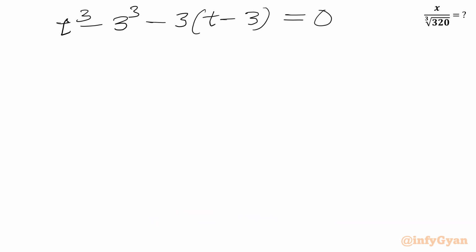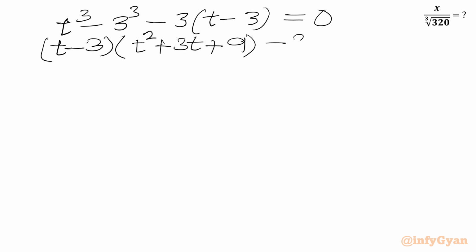So I can write t minus 3 times t square plus 3t plus 9, minus 3 times t minus 3 equal to 0.